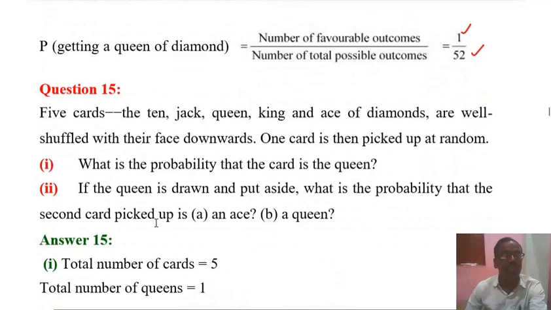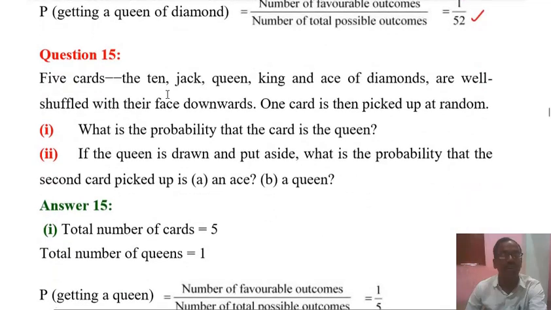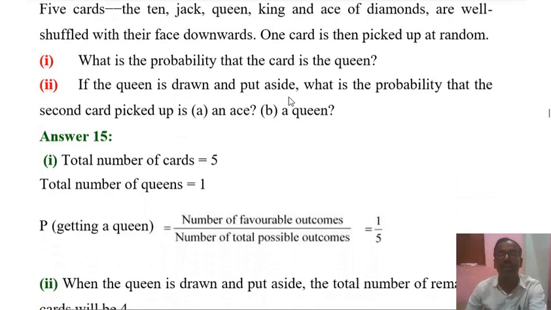Let's see question number 15. Five cards, the 10, jack, queen, king and ace of diamonds, are well shuffled with their faces downwards. One card is then picked up at random. What is the probability that the card is the queen? If the queen is drawn and put aside, what is the probability that the second card picked up is an ace?